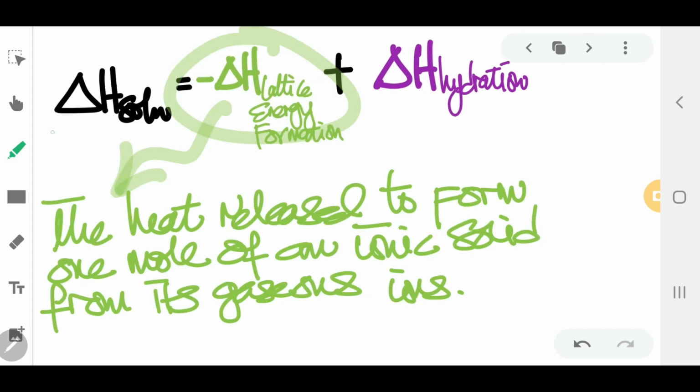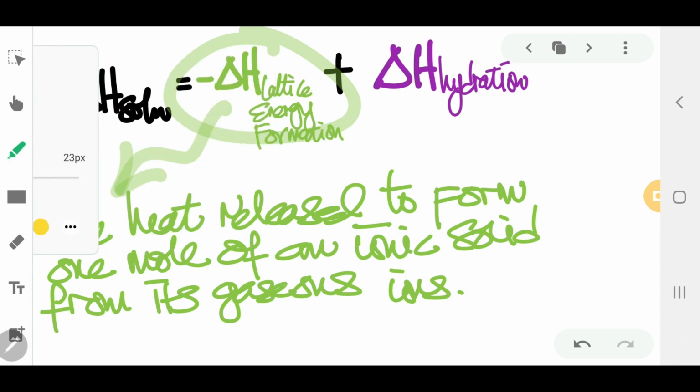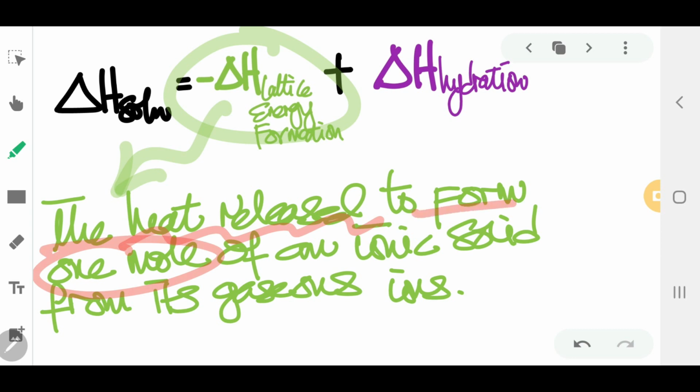So when you have the lattice energy of formation, it will be the opposite of lattice energy dissociation. For this particular lattice energy, you need to have the heat being released, the opposite of dissociation. So you have to release a certain amount of heat in order to form 1 mole of ionic solids.